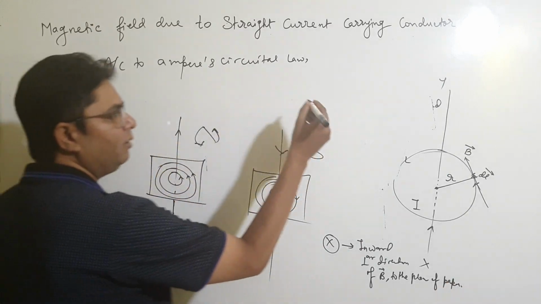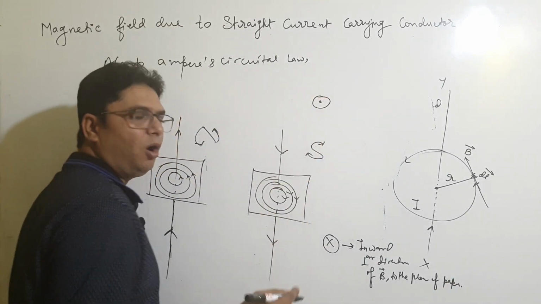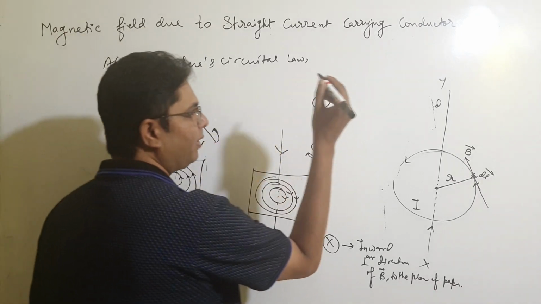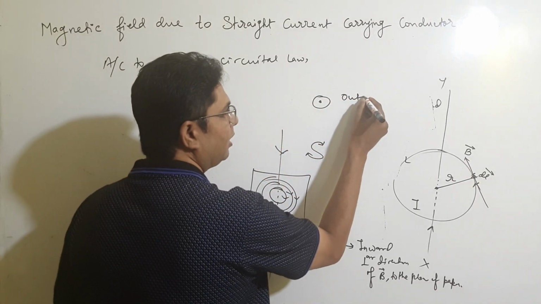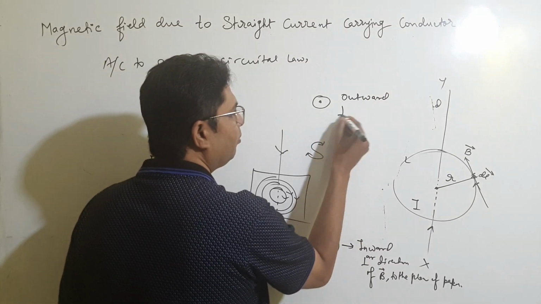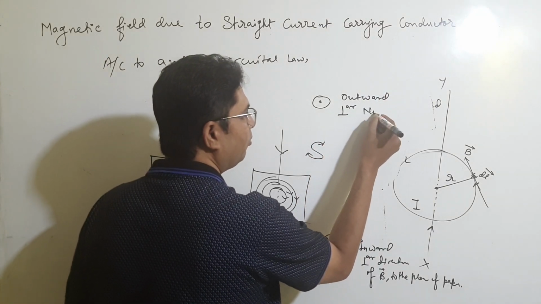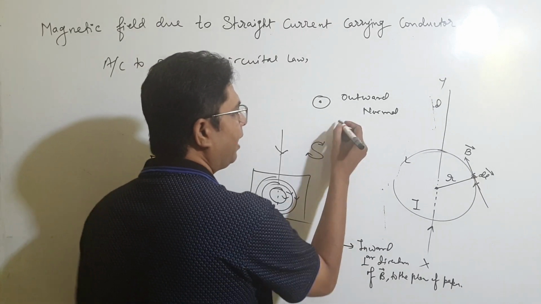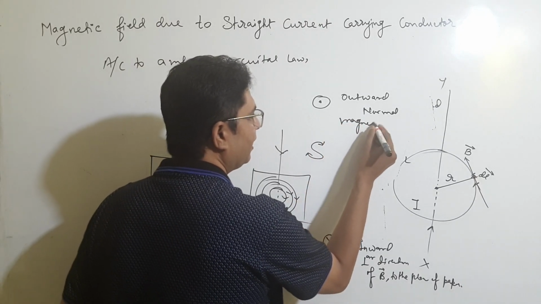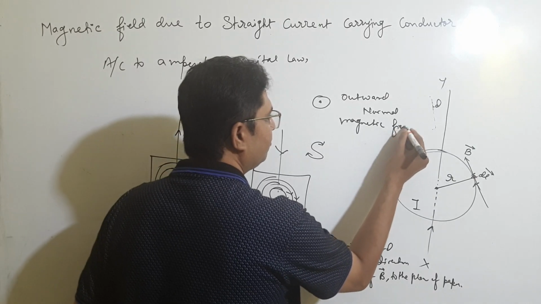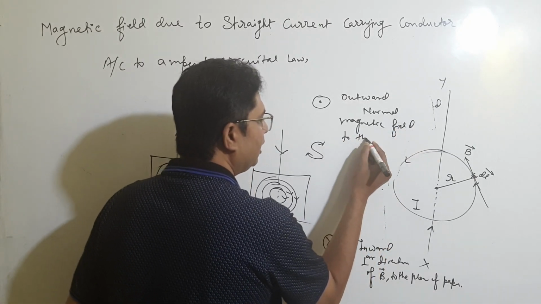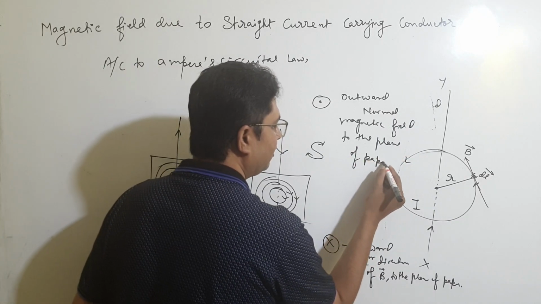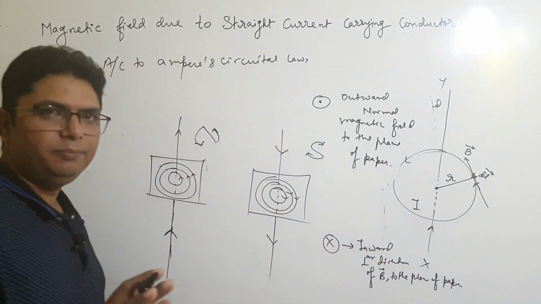If you are indicating by a dot, then dot means outward normal magnetic field. So if you indicate by dot, this is outward perpendicular magnetic field to the plane of paper.